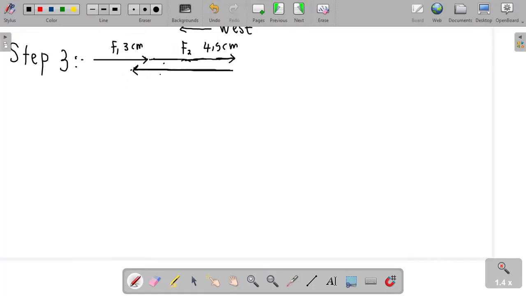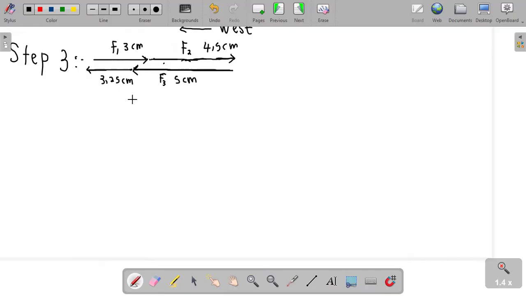So this is F3, which is 5 centimeters, and F4 is 3.25 centimeters.